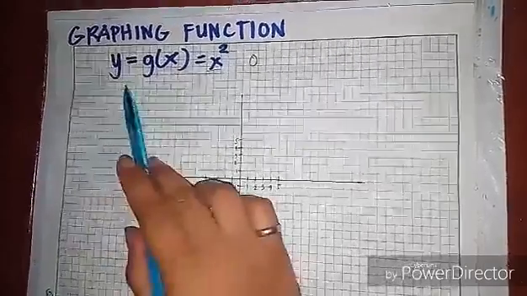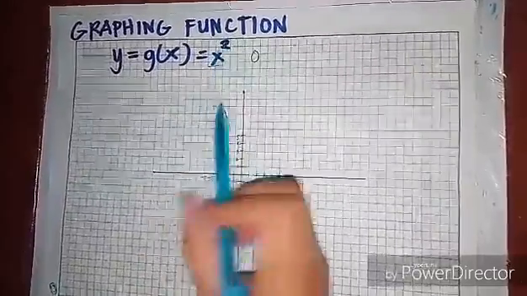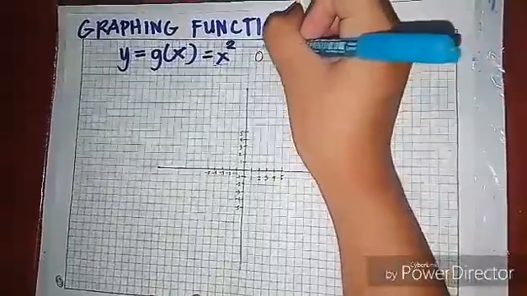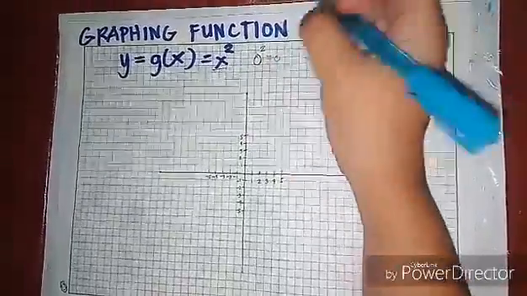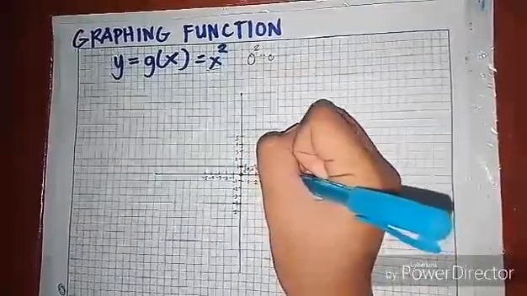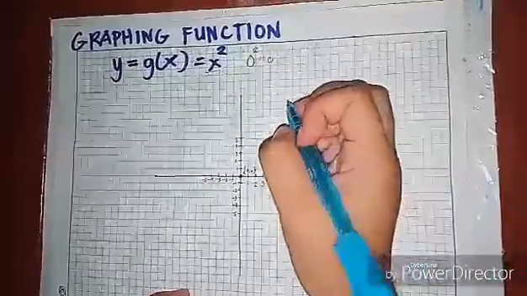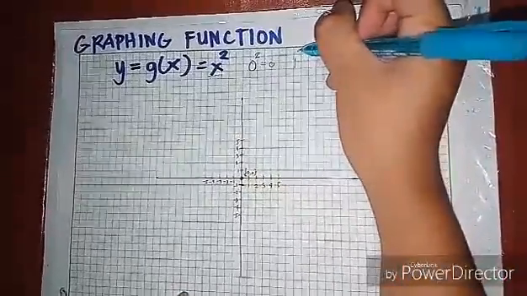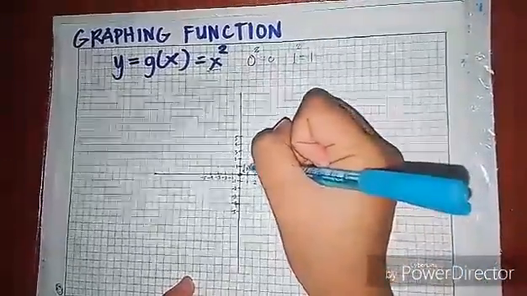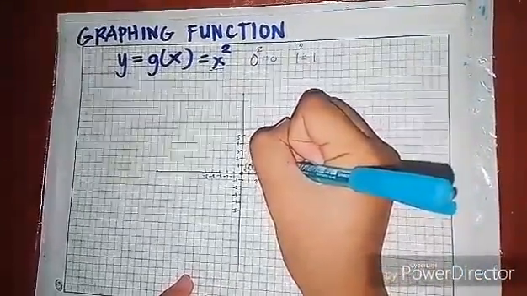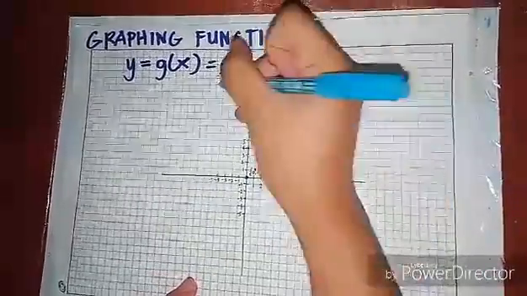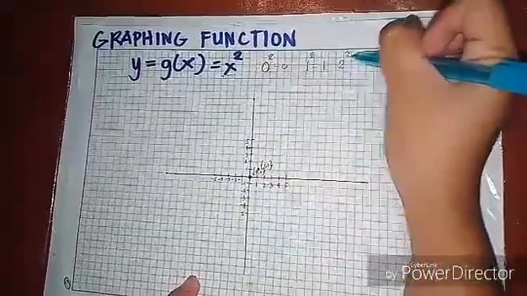Function y equals g of x equals x squared. So if x is 0, 0 squared is 0. Then if x is 1, 1 squared is 1. So (1, 1). If x is 2, 2 squared is 4.